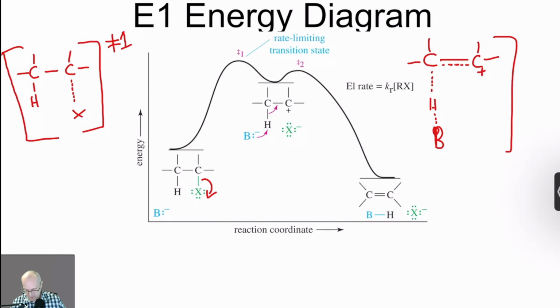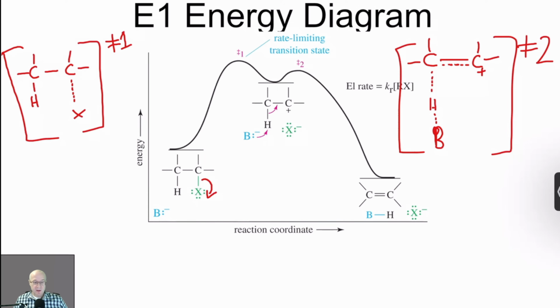There we go. That'll be transition state 2. As the pi bond is forming and the bond to hydrogen to carbon is breaking, and the bond to base and hydrogen is forming. Again, first order reaction.